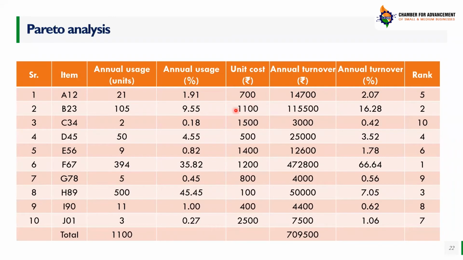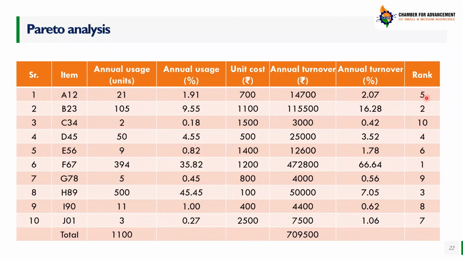Then unit cost is given, and annual turnover for each item is given, so the annual turnover percent for that item can be calculated. We see that 66% of the annual turnover is coming from this sixth item. Its price is also higher: we have a 100 rupee item, a 400 rupee item, versus this one, a 1200 rupee item, and its annual sale is also higher. That's why 66% of the sales is coming from the sixth item.